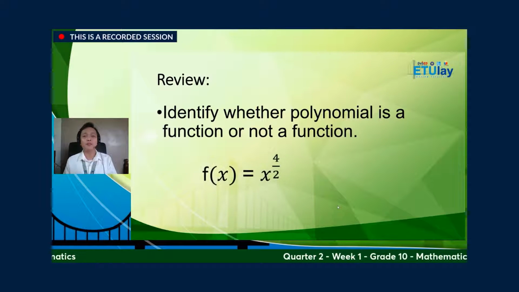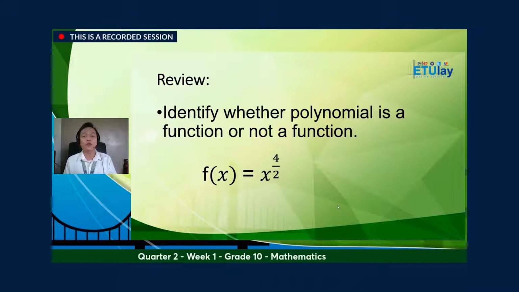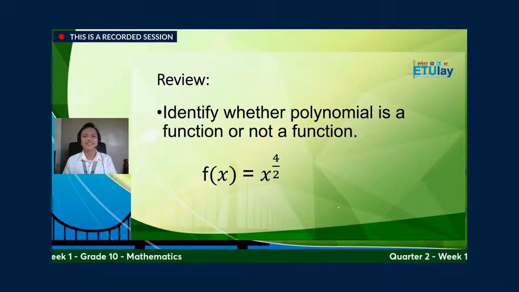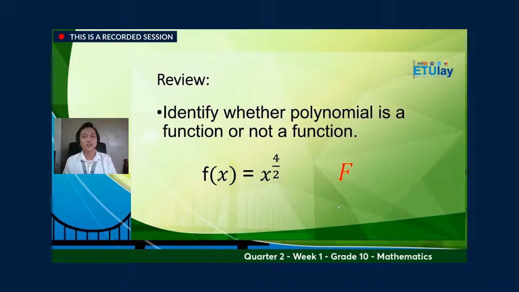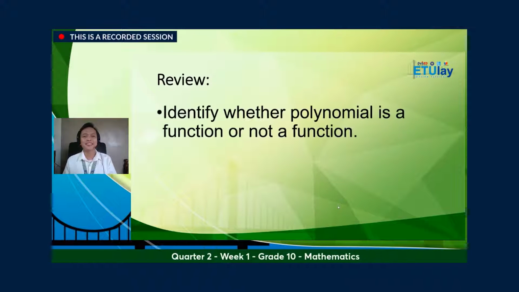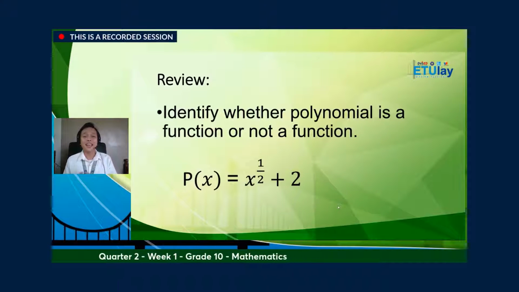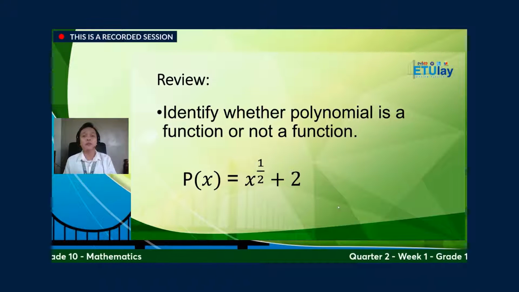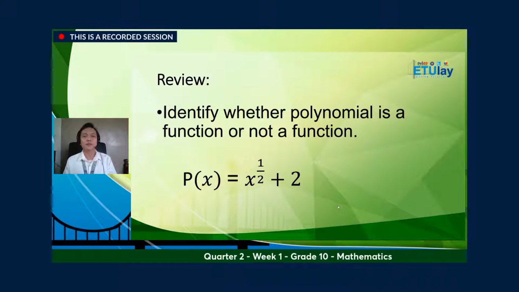Next up, let's have f of x is equal to x raised to the 4 over 2. Is it a function or not a function? The answer is F, function. Next, we have P of x is equal to x raised to 1/2 plus 2. Is it a function or not a function? What is your answer?